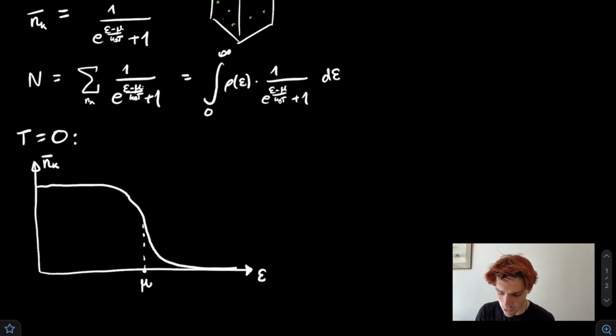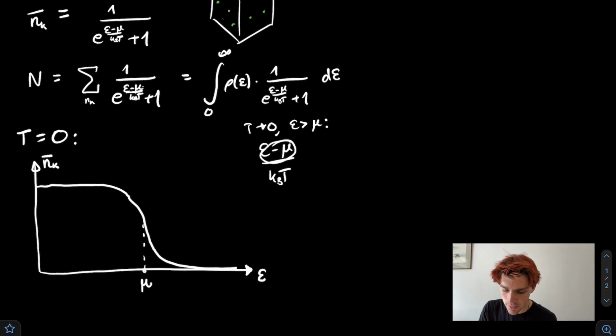What are we going to have in this exponential? If epsilon minus mu over kBT, with T going to zero and epsilon greater than mu, then we have a positive number in the numerator.